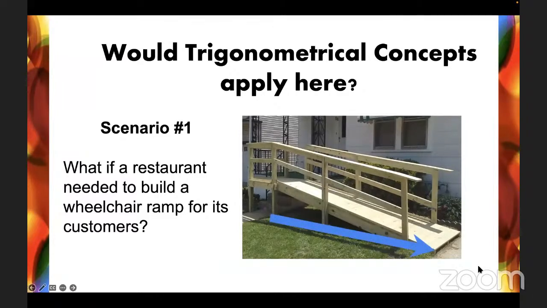Once you know what angle the ramp should be placed at, those are key points. You can now decide the distance that you will start the ramp from. And this is also used when you're making staircases. So these are actual ways in which the trigonometrical ratios are being applied to construction.